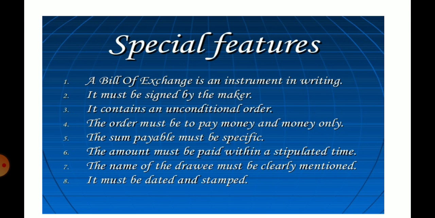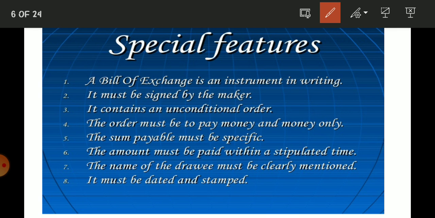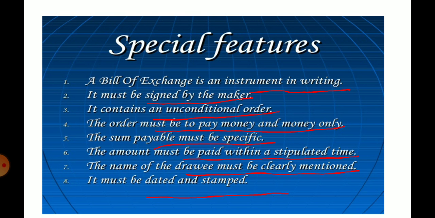That is, it is a written instrument signed by the maker, an unconditional order, must pay money and money only, pay some specific money within the stipulated time, and clearly mention everything, and must be dated and stamped so that it can be used as a legal instrument.